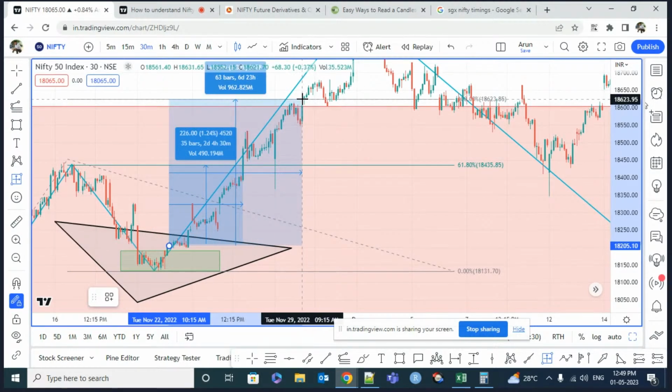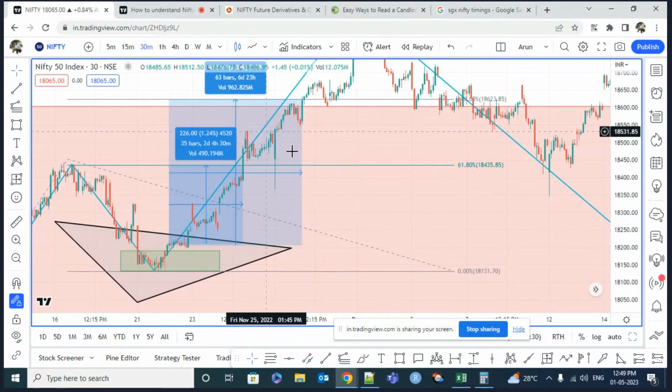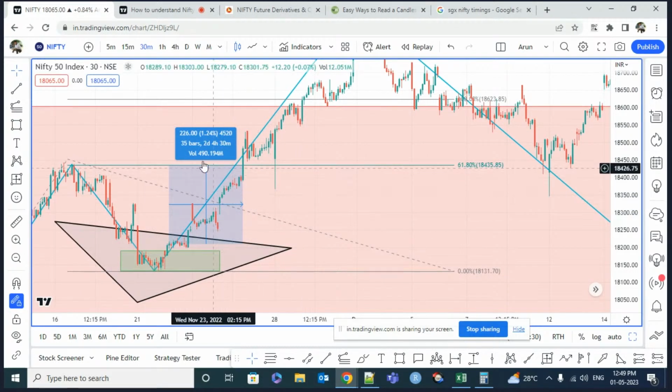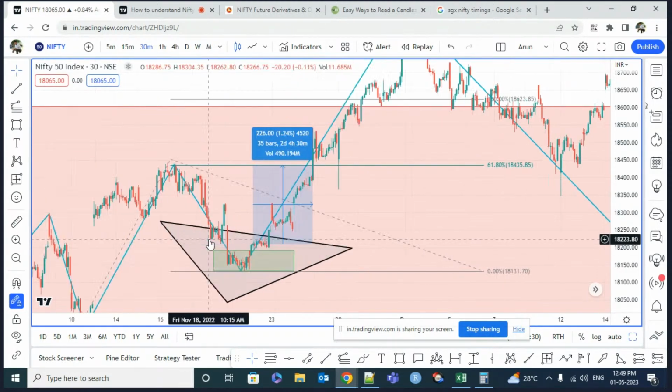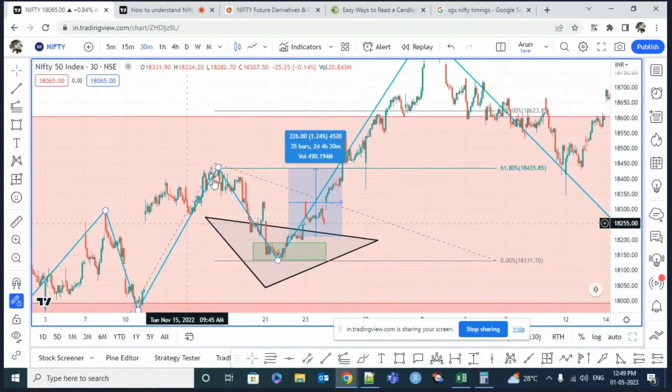This is my second target. Okay. So if you see, let me zoom this. So the first target here it is 226 points. So again here, if you see the top here, this is the 4 hour top. You can see in 30 minutes I have drawn this.